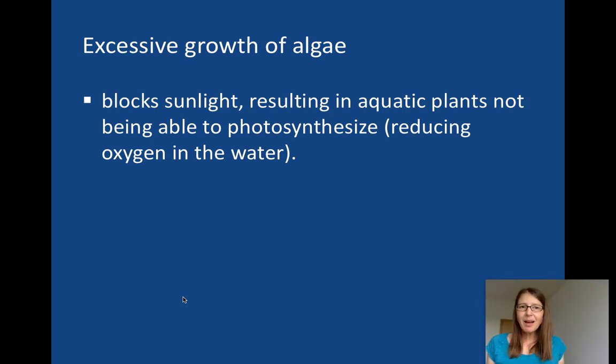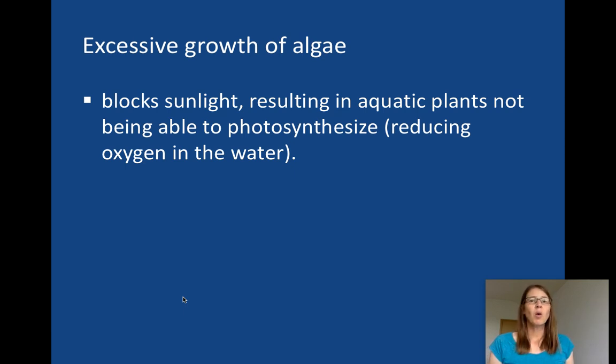Well, because nitrates and phosphates are usually a limiting factor for algae, when all of a sudden you get all these nutrients, then the algae just goes crazy. Like, oh, we got all these nitrates and phosphates.